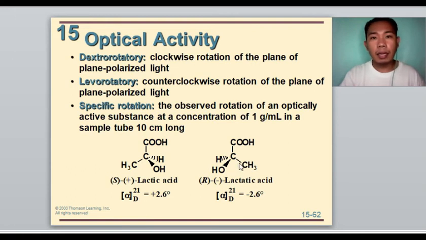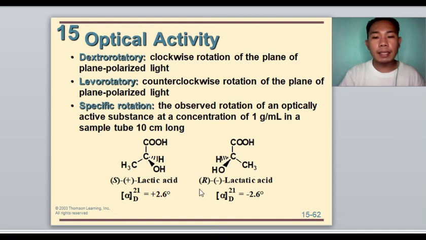It is common practice to report the temperature at which the measurement is made, in degrees Celsius usually, and the wavelength of light used. The most common wavelength of light used in polarimetry is the sodium D line, the same wavelength responsible for the yellow color of sodium vapor lamps.